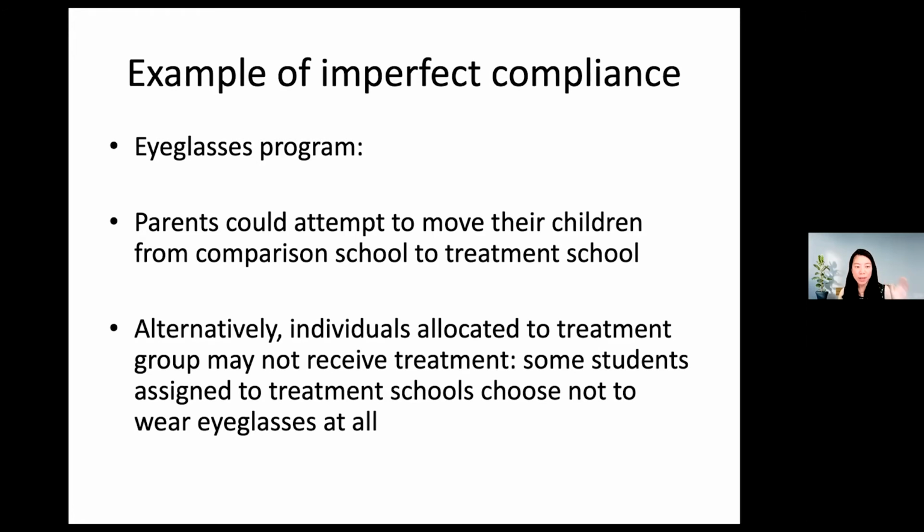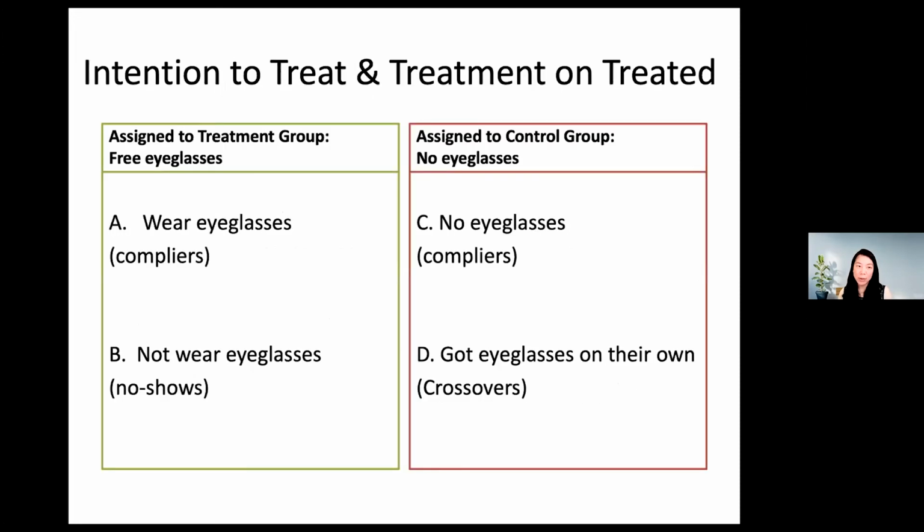If in a rural village, students from school A are all getting glasses because they're in a treatment school, then the parents from the same village could, in theory, move their students from school B to school A in order to get the free glasses, right? So that could be a potential problem.